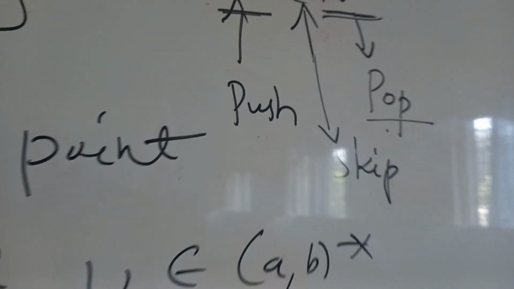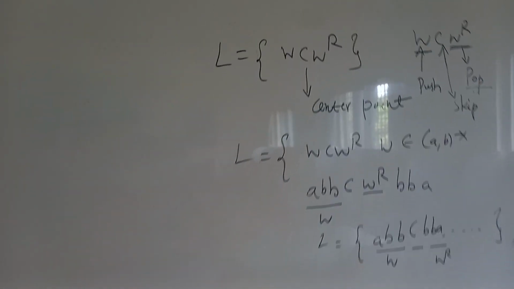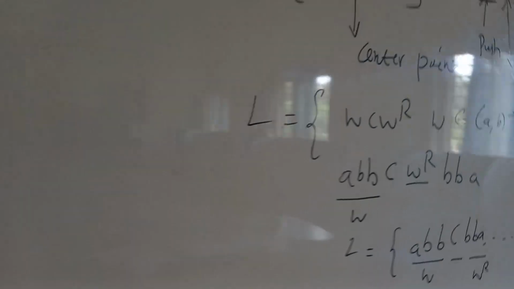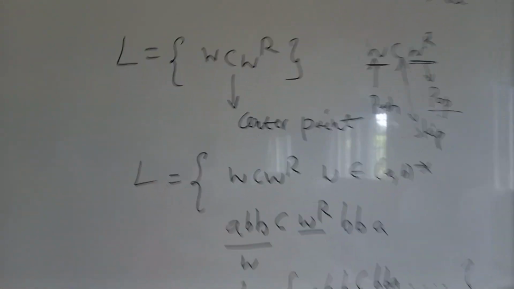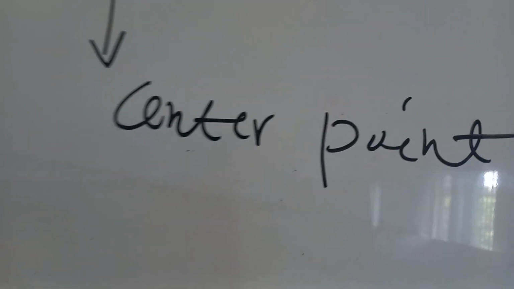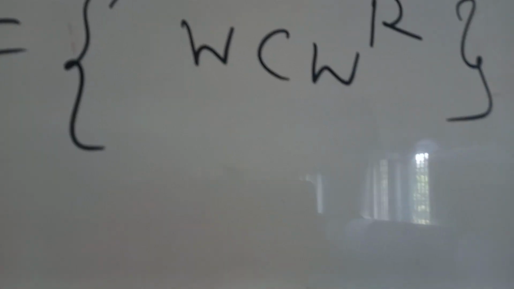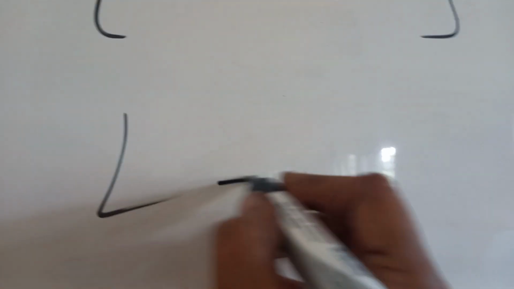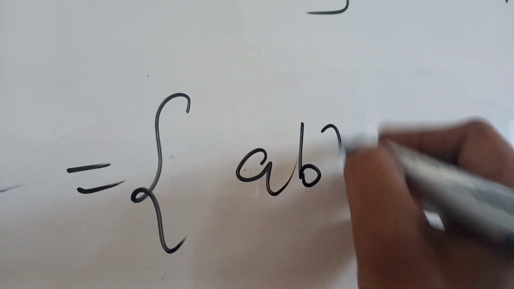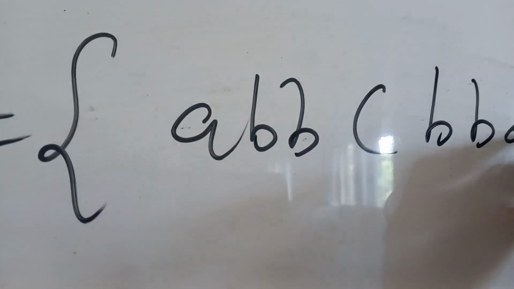Now let me see how to write the pushdown automata for the problem. Here I have taken the string belonging to the language as abbcbba.